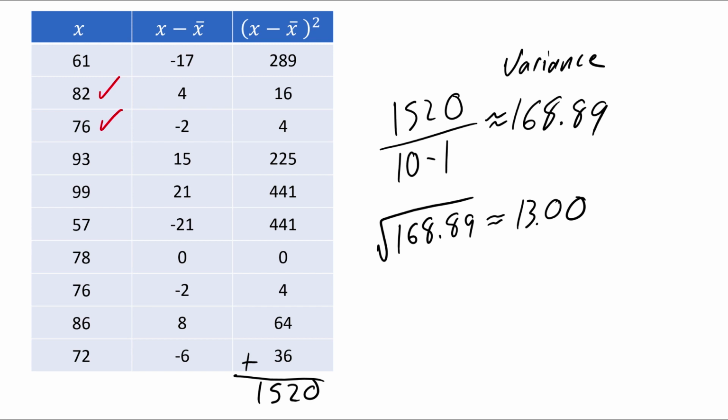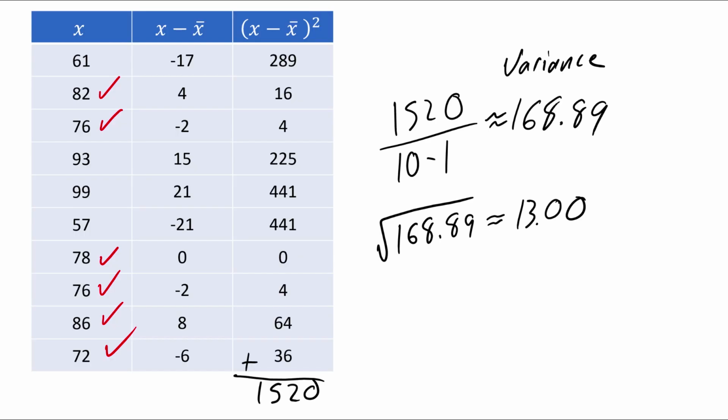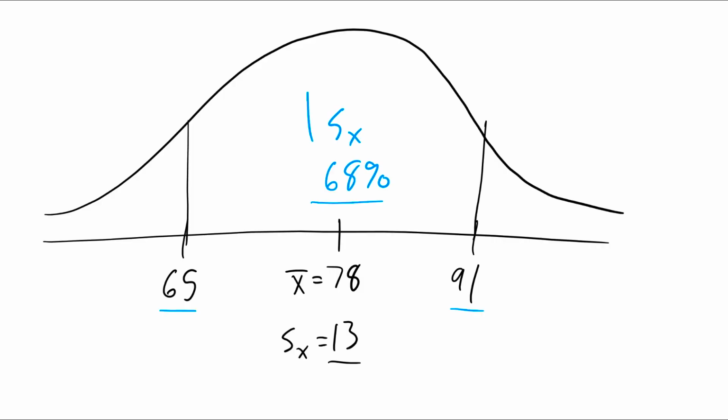So 61's not, 93's not, 99, 57, those aren't within that range. 78 is, 76 is, 86, and 72. All of those are within that range of one standard deviation between 65 and 91. That's 1, 2, 3, 4, 5, 6. So in this case, 6 out of the 10, or 60% of our data points, lie within one standard deviation.